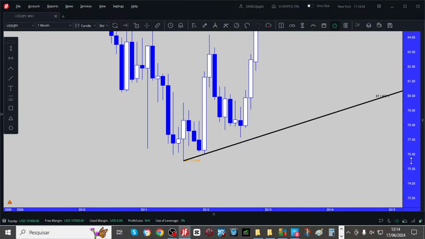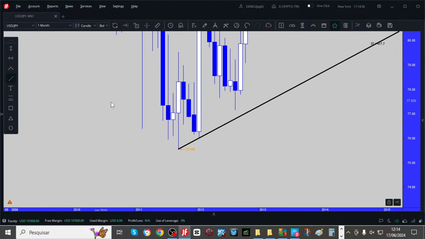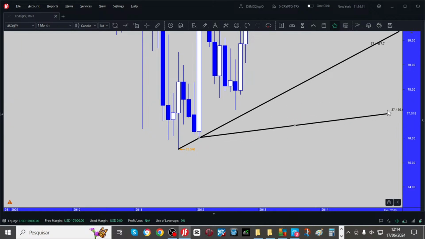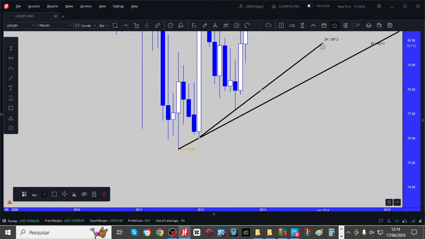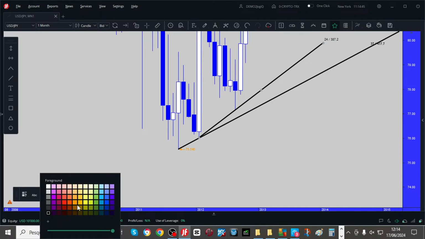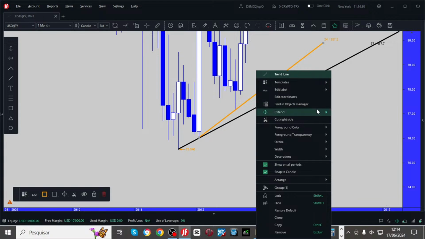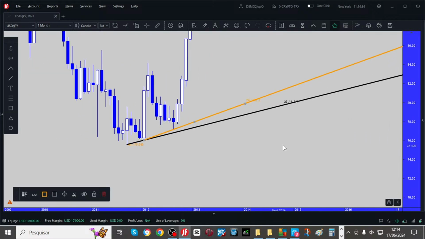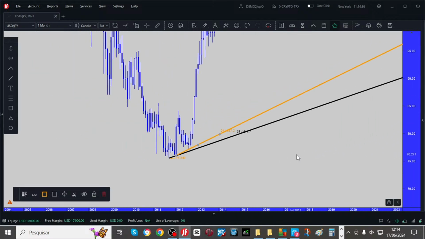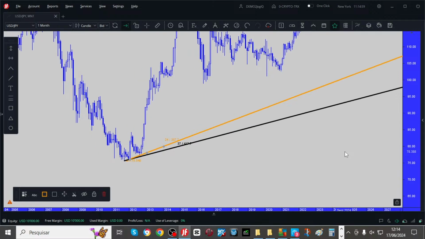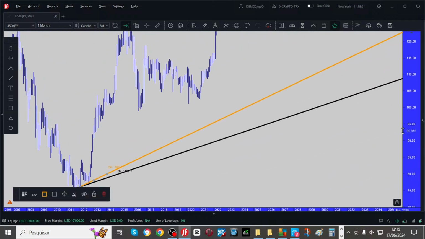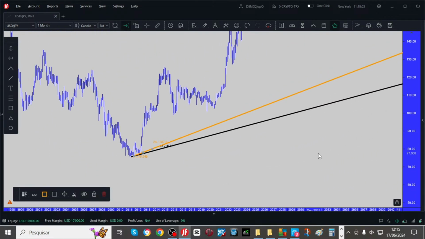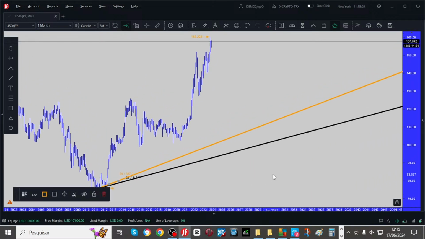So I need to connect this low, extend it, and this low, and let's color code this in orange, and right click, and I'm going to extend it on the right side. And if I zoom out, everybody, this is called the medium term. All right, the black is the long-term trend line, the orange one is what is called the medium-term trend line.